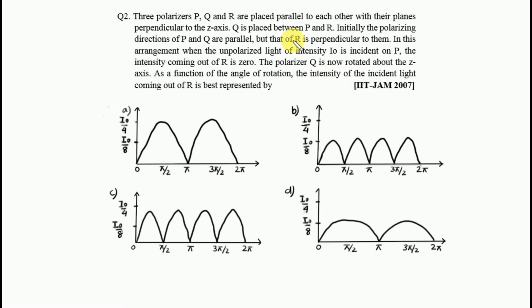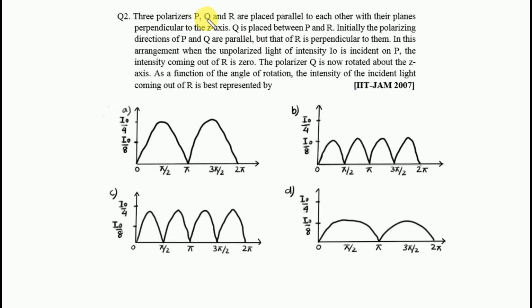So as the problem says, it can be seen that the polarizing directions of P and Q are parallel. So the unpolarized light passing through polarizer P, whatever may be the polarizing direction, will suffer a decrease in intensity by half. So after passing through polarizer P, the intensity decreases to half, that is I naught by 2.